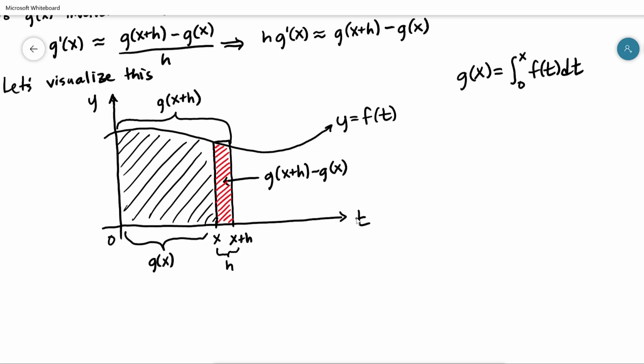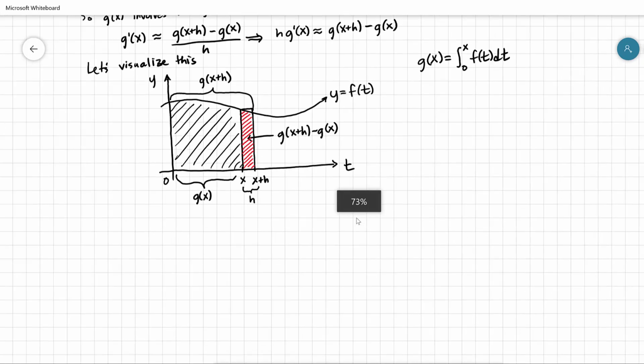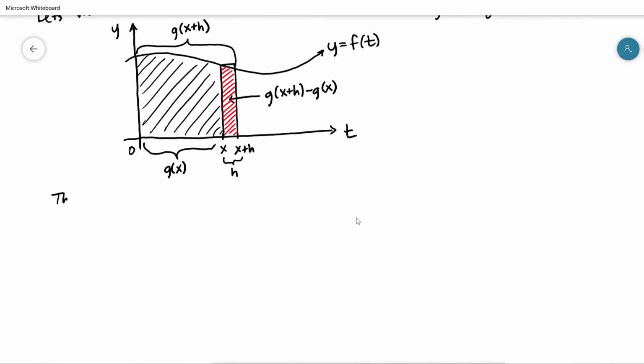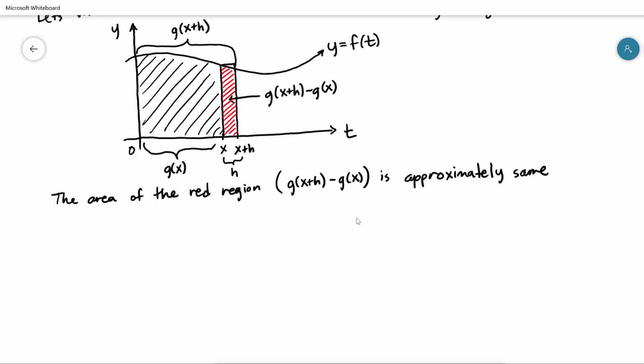So the area of that red region, g of x plus h minus g of x, is approximately the same as a rectangle with a height, using the left endpoint, of f of x.